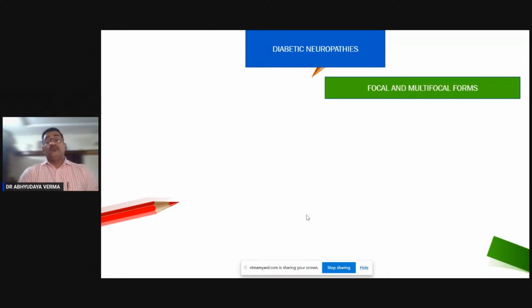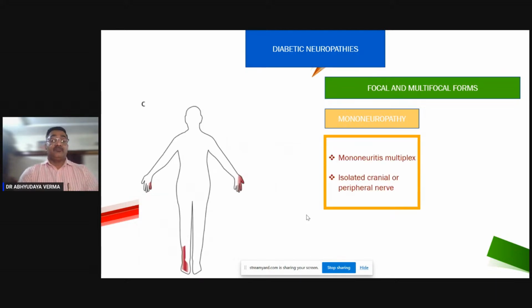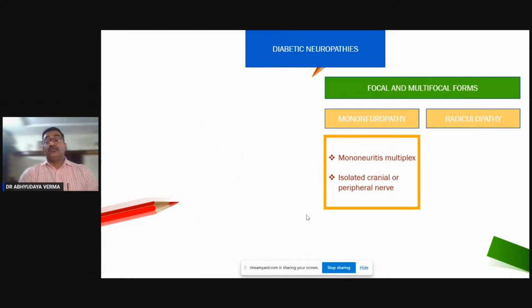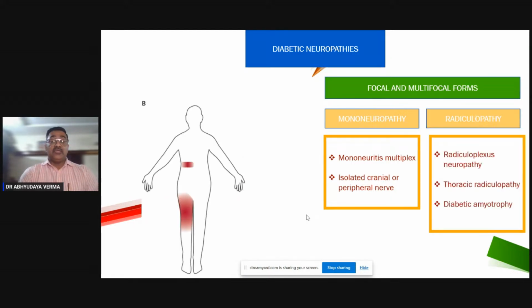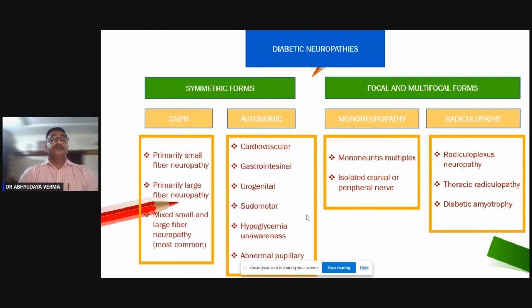Then we have focal and multifocal forms. We have mononeuropathy like mononeuritis multiplex and isolated cranial or peripheral nerve involvement. Then we have radiculopathies like radiculoplexus neuropathy, thoracic, and diabetic myopathy.